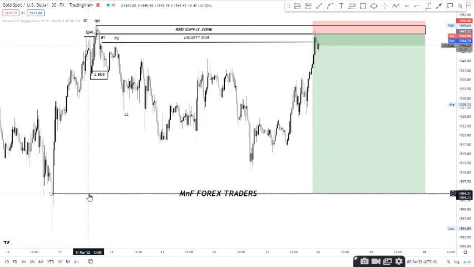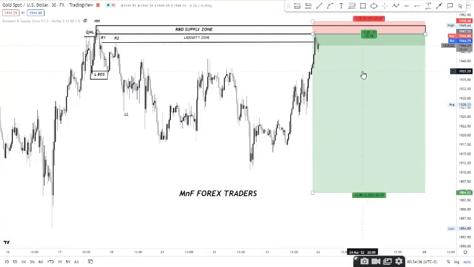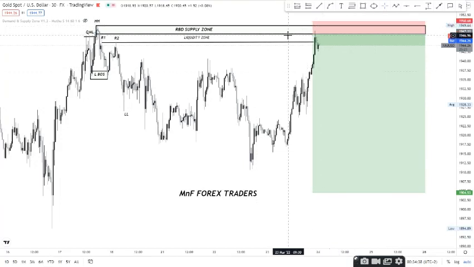So that's our target. If you look at all that, our risk is about 3 pips. This is on the 15 minutes time frame, so it's like 3 pips. Let me just recalculate.